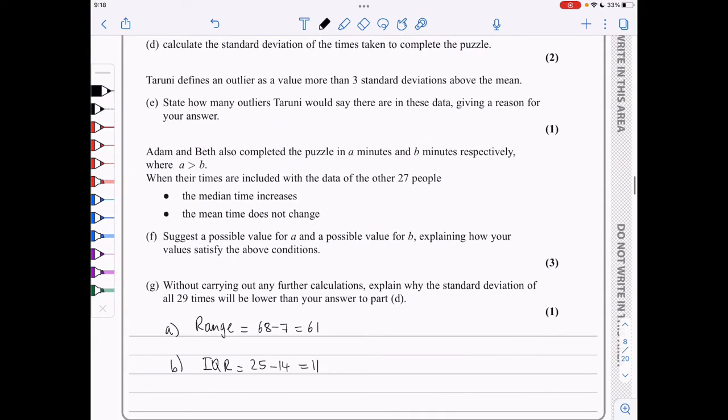And then part G, without carrying out any further calculations, explain why the standard deviation of all 29 times will be lower than the answer we obtained in part D. Now, this is really calling for a solid understanding of what the standard deviation is. It's the average distance between each point and the mean.